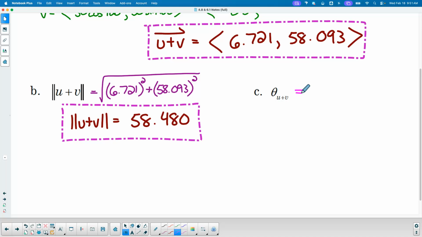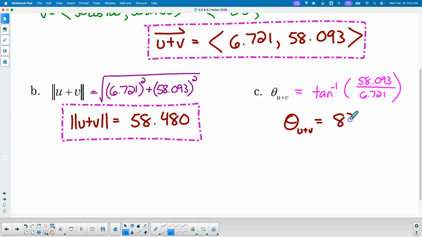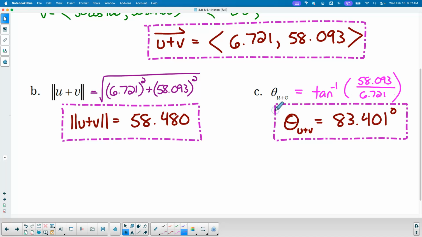We don't have to find the reference angle. So then this would be the inverse tangent of... and again, I'm leaving all of these on my calculator as full decimals, not rounding them yet. So that gives me my direction angle of u plus v to be 83.401 degrees. Agree?